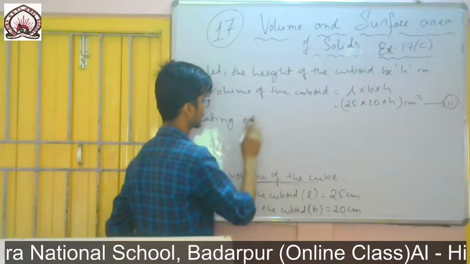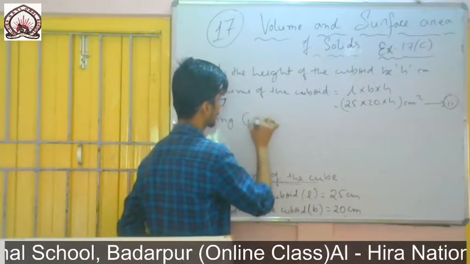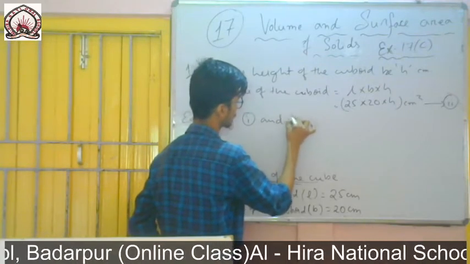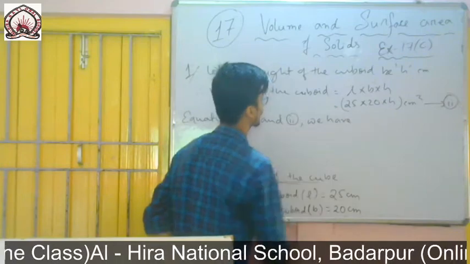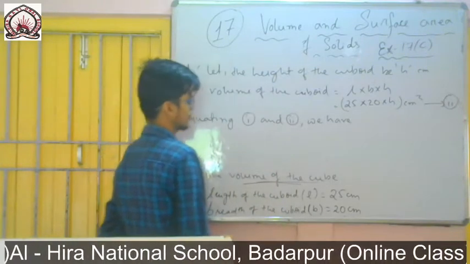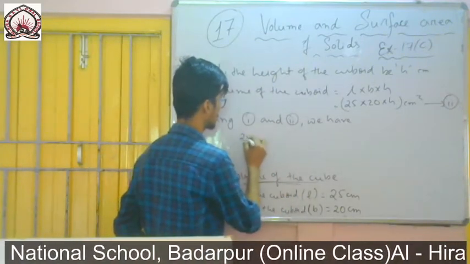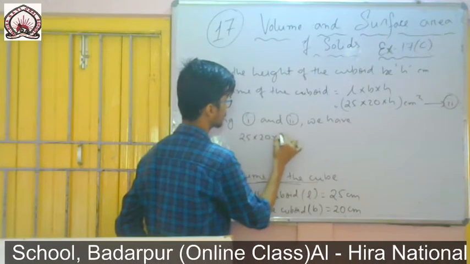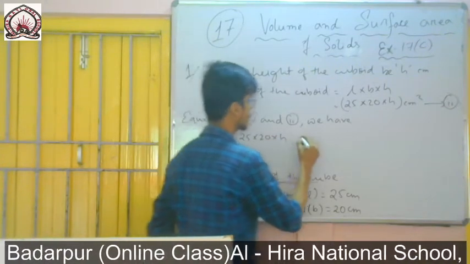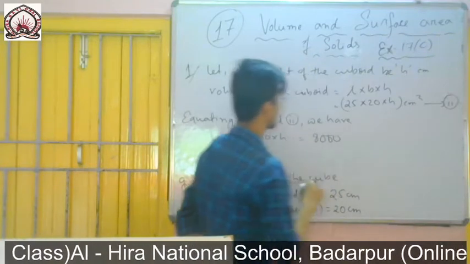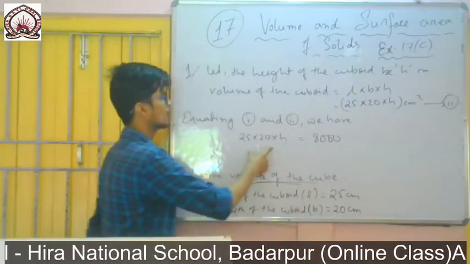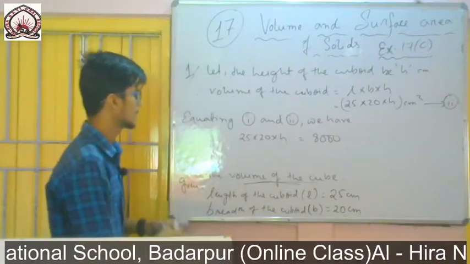Equating Roman 1 and 2 we have, 25 into 20 into h, which is the volume of the cuboid, which is equal to the volume of the cube, which was 8000.